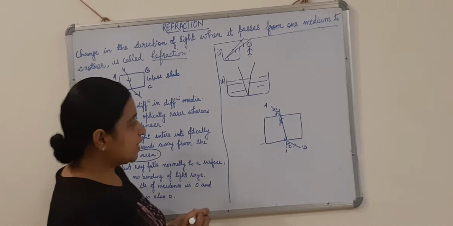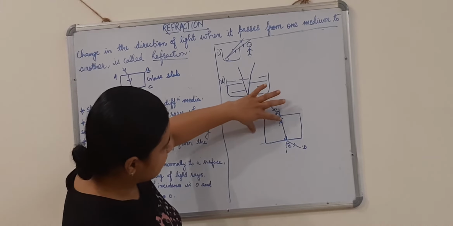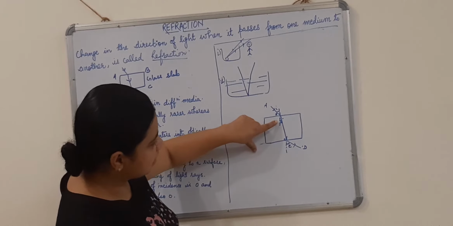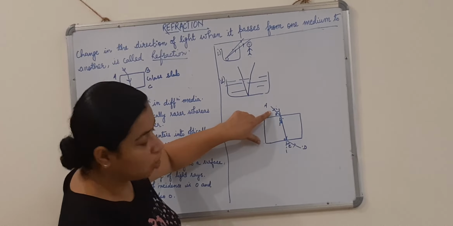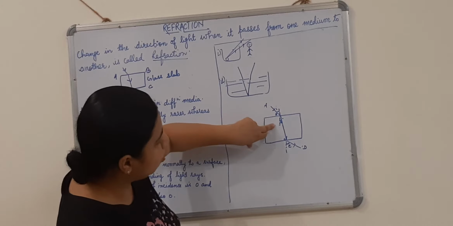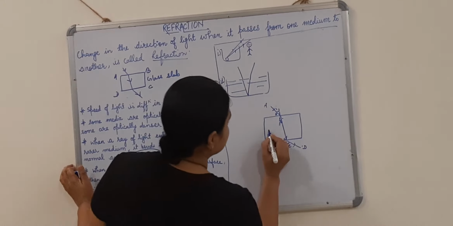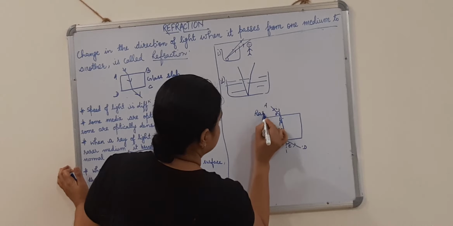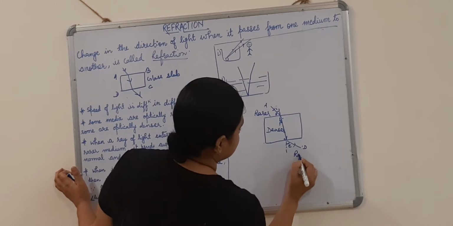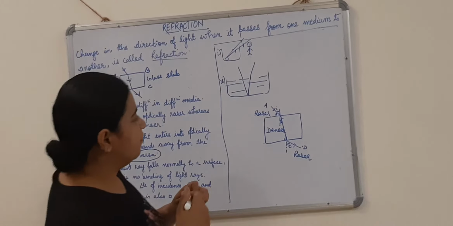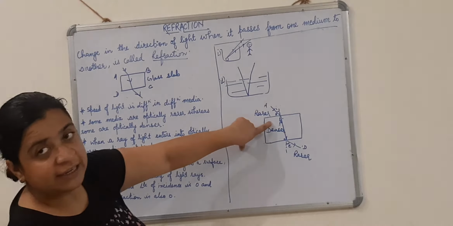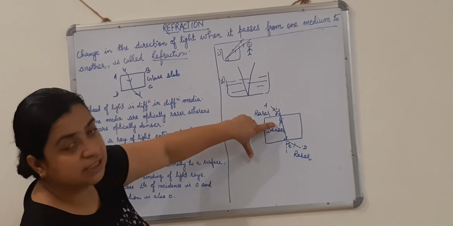So children, in this case, you can see the difference. This is the normal. This angle is comparatively smaller than this angle because the light has entered from an optically rarer medium to an optically denser one. When light enters from an optically rarer medium to an optically denser medium, it will bend towards the normal.